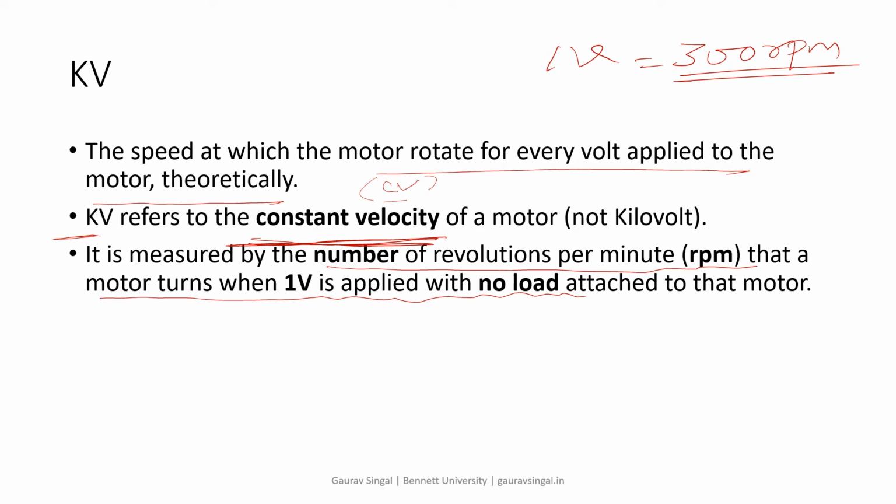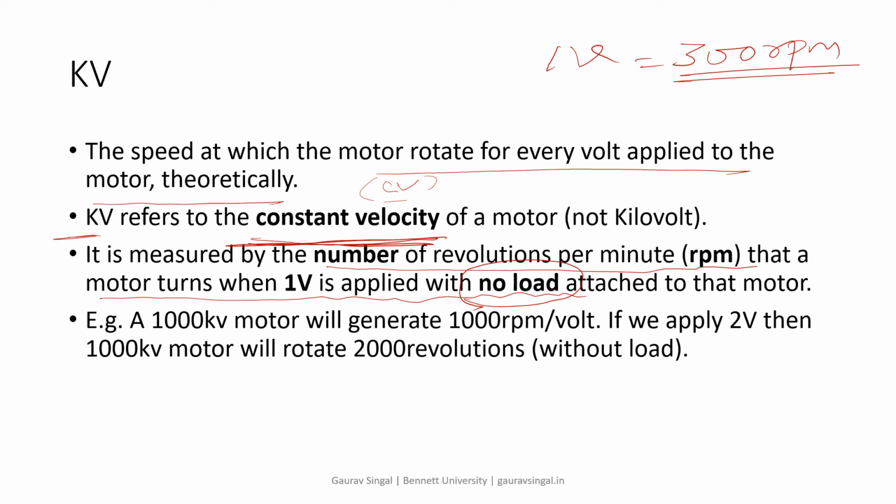But this rpm should be measured when there is no load, only the motor rotating without any outside load. You cannot put any propeller or any kind of load. Obviously, when we apply load, the rotation per minute will reduce. But when calculating kV, it should be measured without any load.